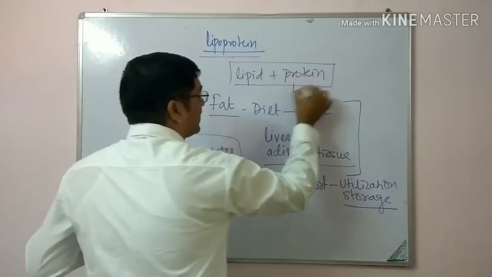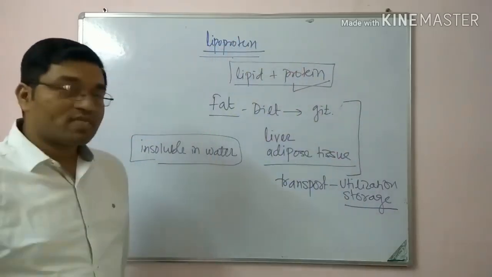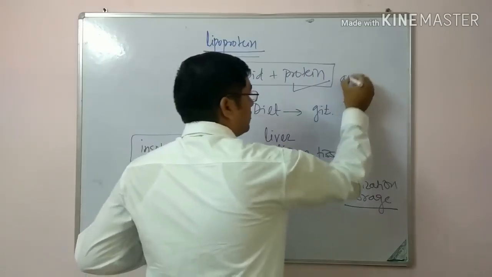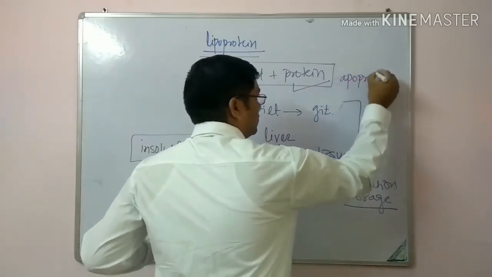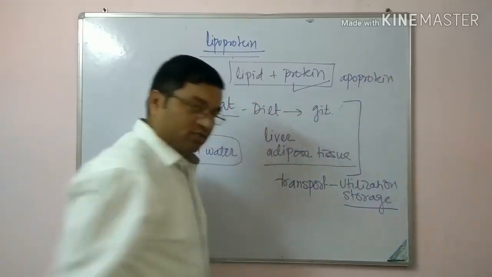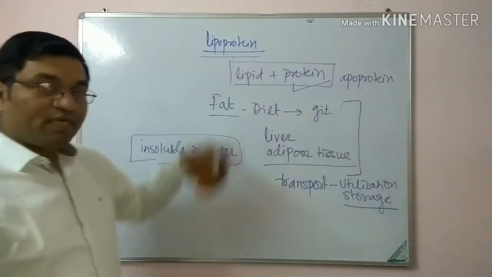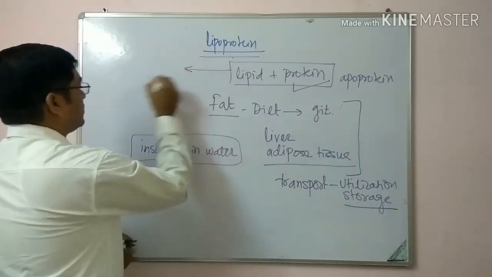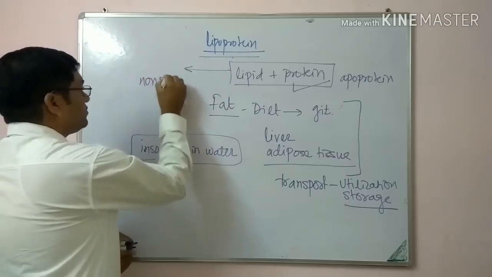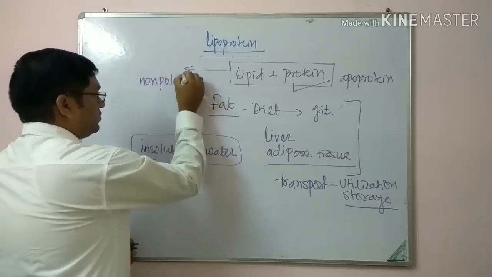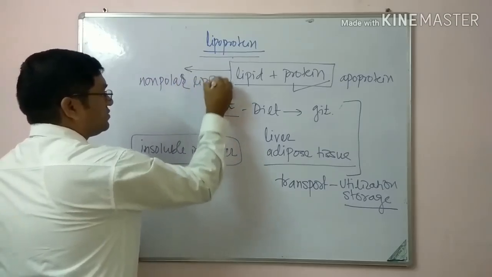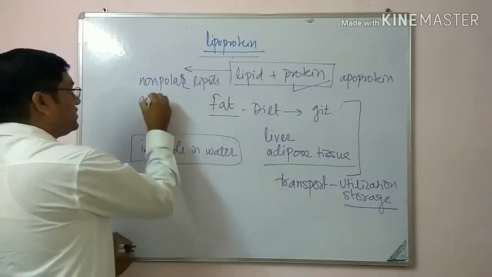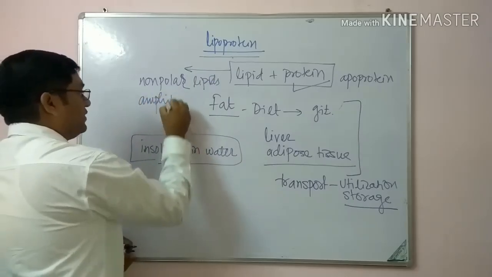The protein part of lipoprotein is known as apoprotein or apolipoproteins. And the lipid is mainly of two types. The first one is the non-polar lipid, and the second one is the amphipathic lipids.